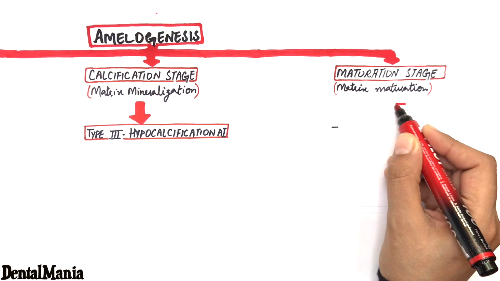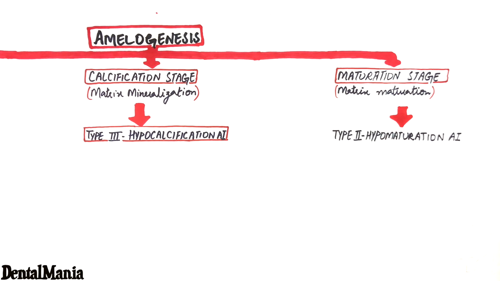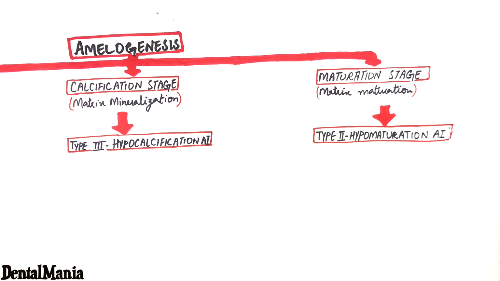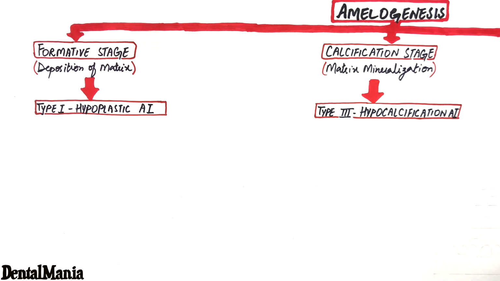And defects in the maturation stage lead to type 2 or hypomaturation amelogenesis imperfecta. In addition, a type 4 amelogenesis imperfecta is also recognized, characterized by hypomaturation and hypocalcification of enamel. Or let's say a mixture of type 2 and type 3 is known as type 4 amelogenesis imperfecta.